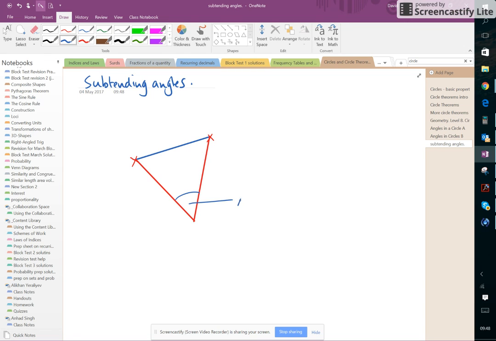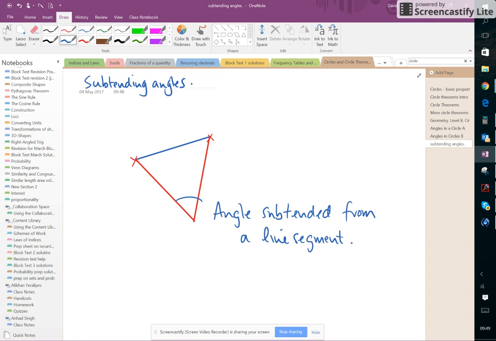So this is the angle subtended from a line segment. And notice that I could subtend the angle in lots and lots of different ways, an infinite number of ways.